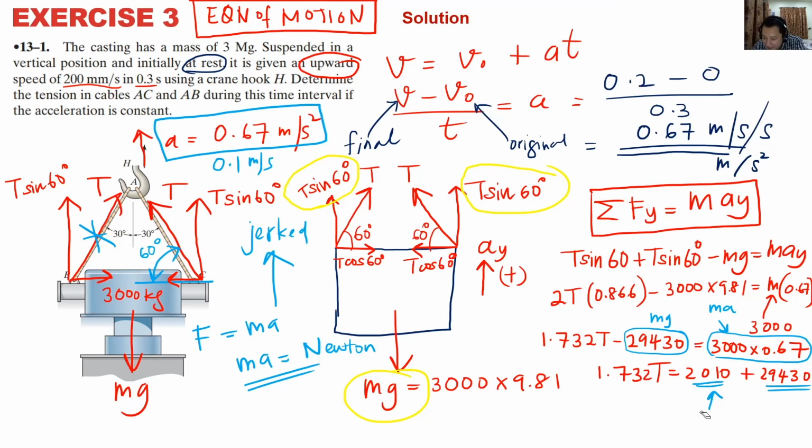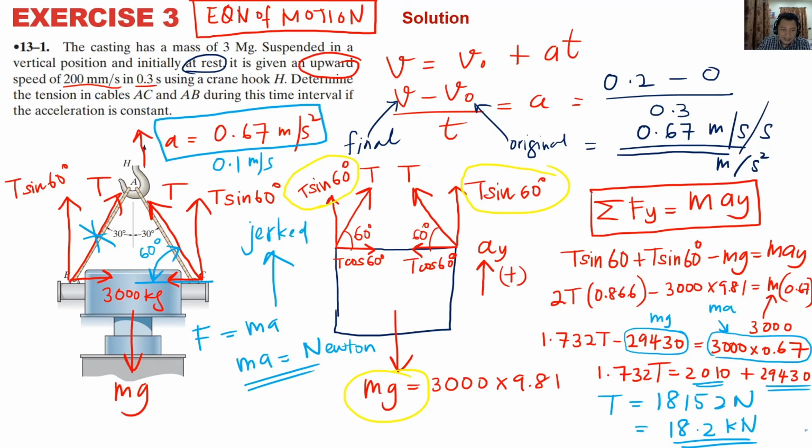Okay, so now let's settle. What is T? T equals 29430 plus 2010, divided by 1.732. That is 18152 Newton, or 18.2 kilonewton.